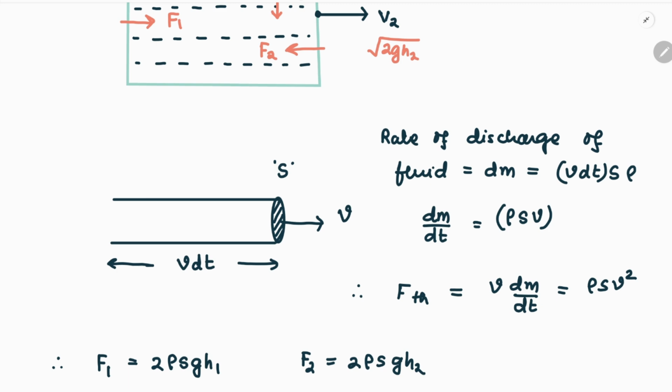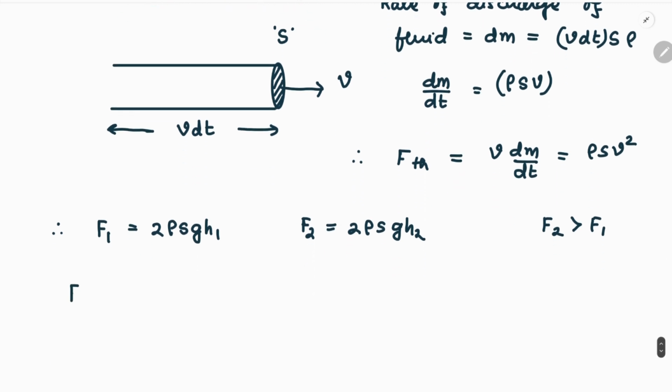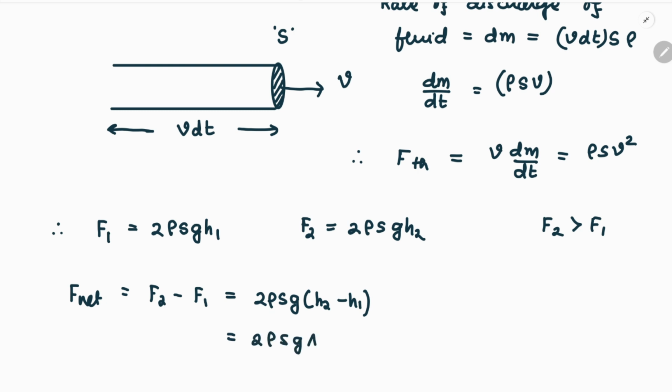Now since F1 and F2 are acting in opposite directions and F2 is greater than F1, the net force is F net equals F2 minus F1, which equals 2 rho S g (h2 minus h1), that is 2 rho S g delta h. So this is the required answer for this particular problem.